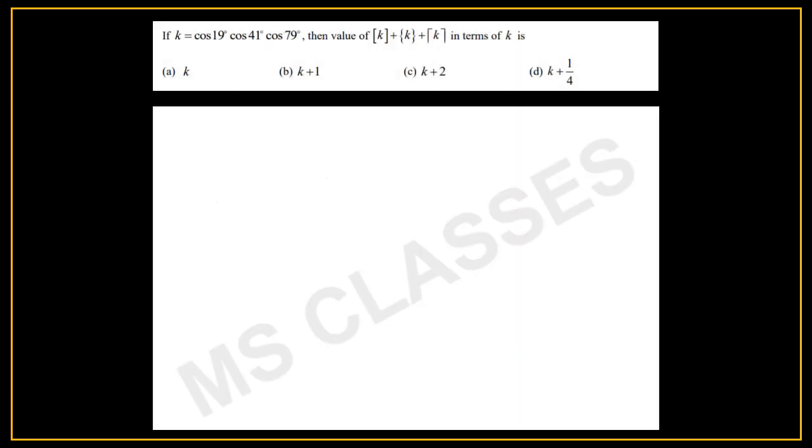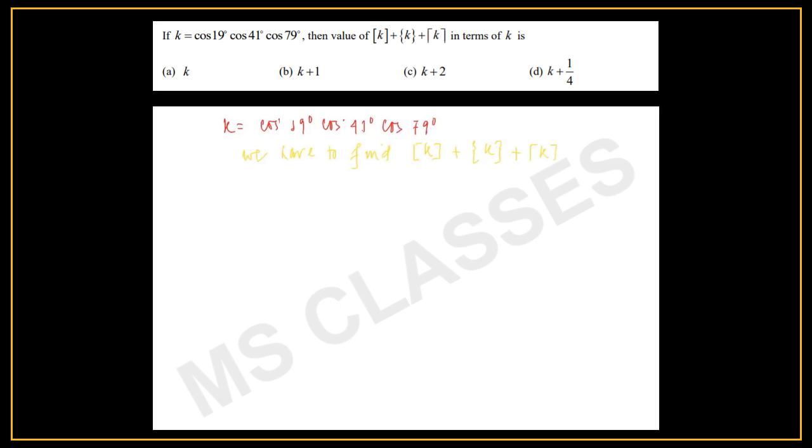It is given that k equals cos 19 degree, cos 41 degree, and cos 79 degree. And we have to find floor of k plus fractional part of k plus ceiling of k.